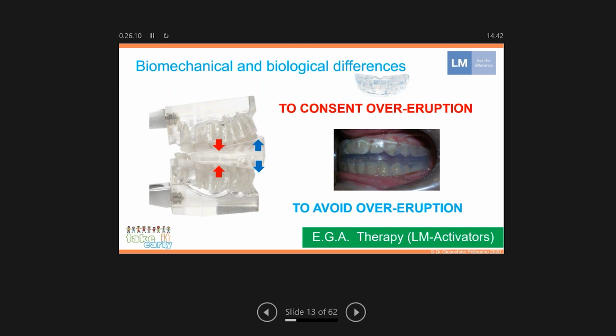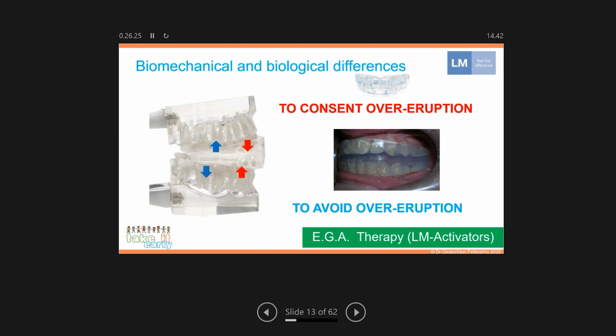On the contrary, in other parts of the appliance, it is not possible to permit this overeruption, so as to manage and control the path of the eruption of the teeth.